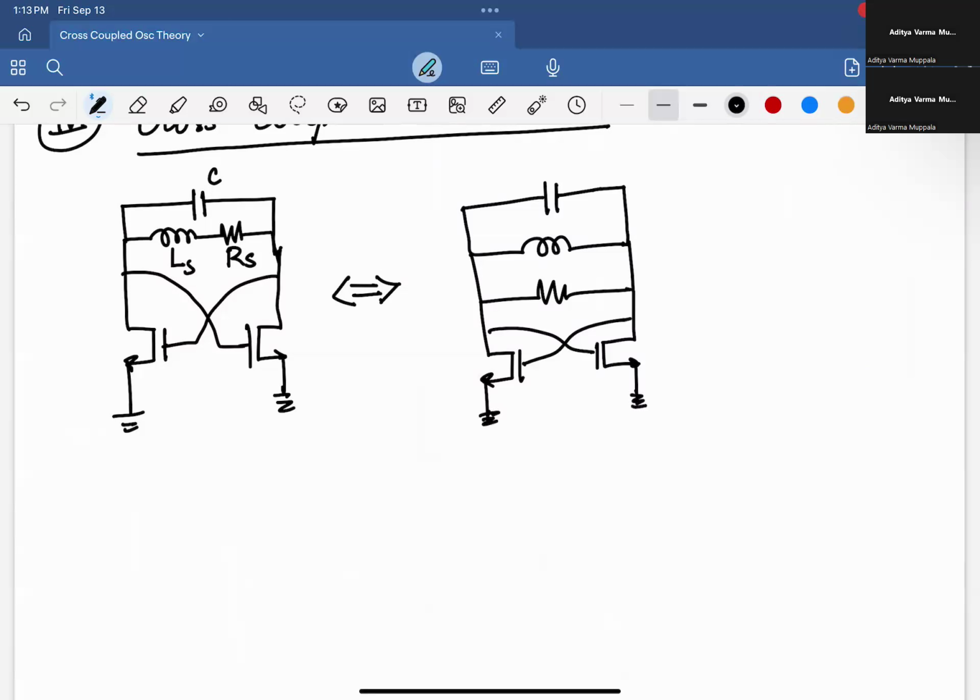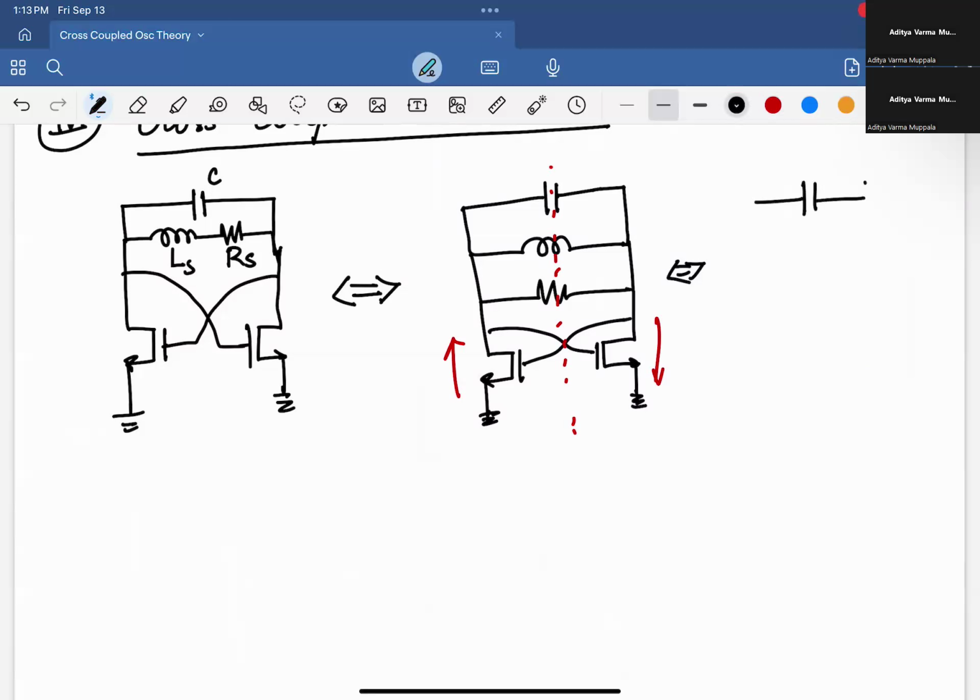Okay, like that. And what I can do is that, so this actually has a line of symmetry, right? And you can actually show that this oscillator will oscillate differentially. So when this current goes up, this current goes down, and so on. And because it's differential, this can be broken up into two half circuits.